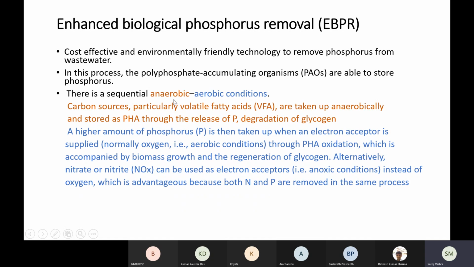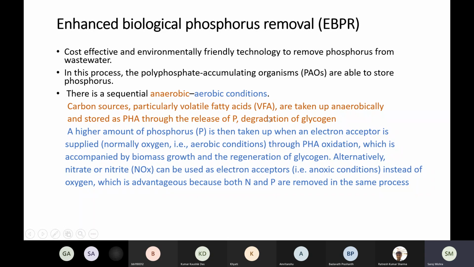What happens under anaerobic conditions is that volatile fatty acids are generated due to anaerobic activity, because there is not much oxygen, like the conditions we talked about when discussing methane production, where in anaerobic digesters fermentative bacteria are capable of converting the carbon sources into short chain volatile fatty acids.